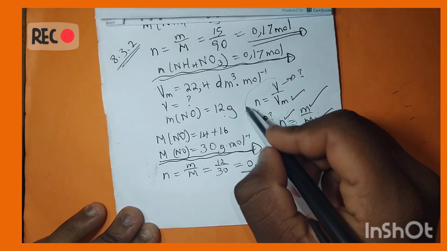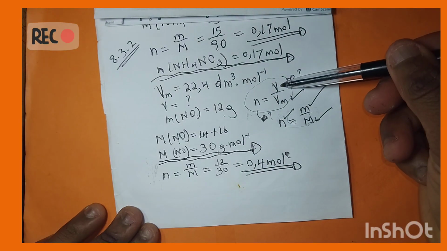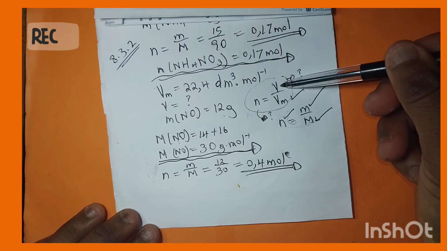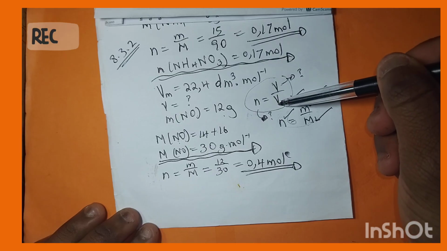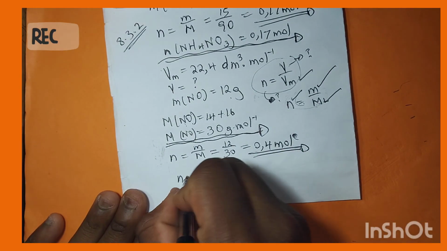So now, guys, I know the moles. It means I can apply this equation to get the volume of the nitrogen gas at STP.